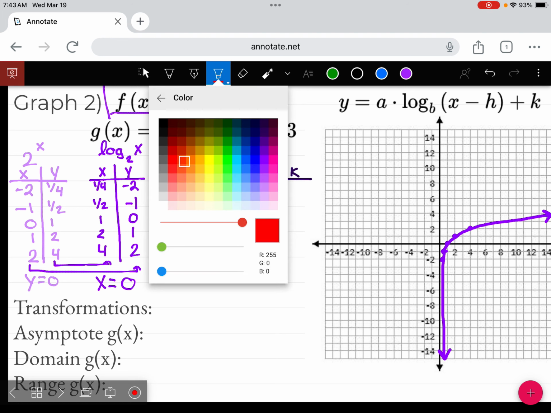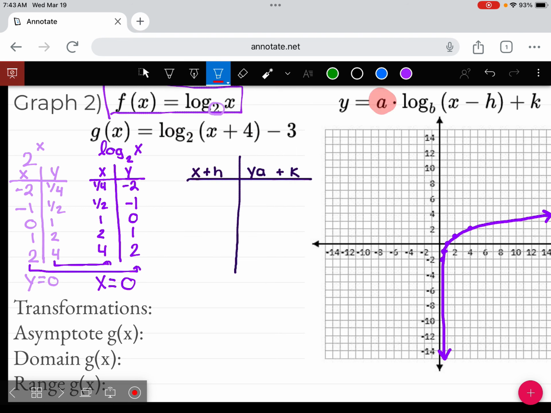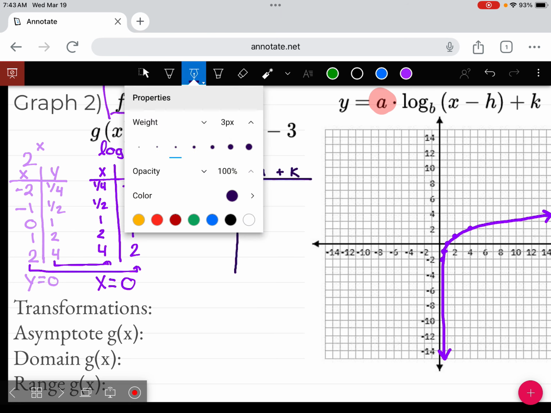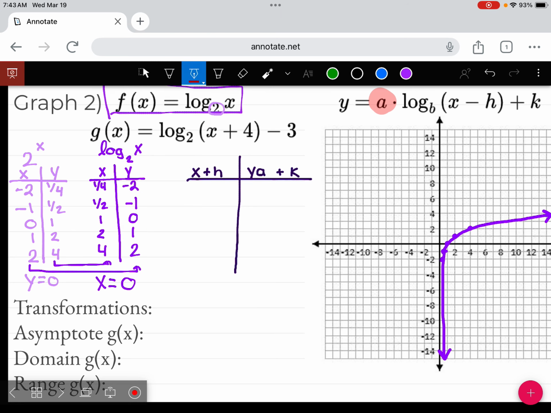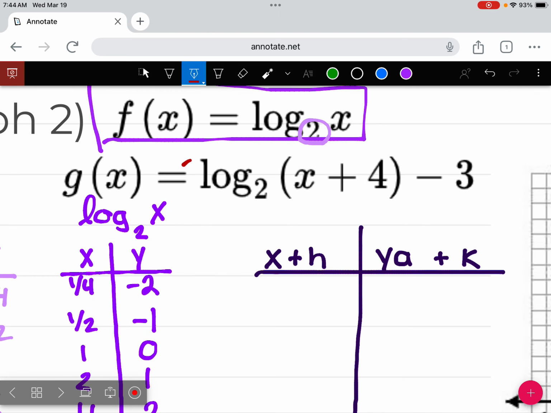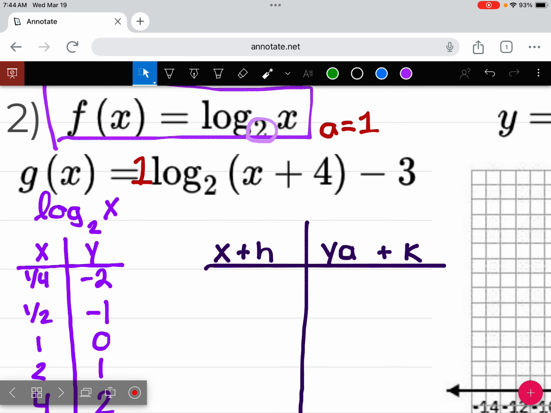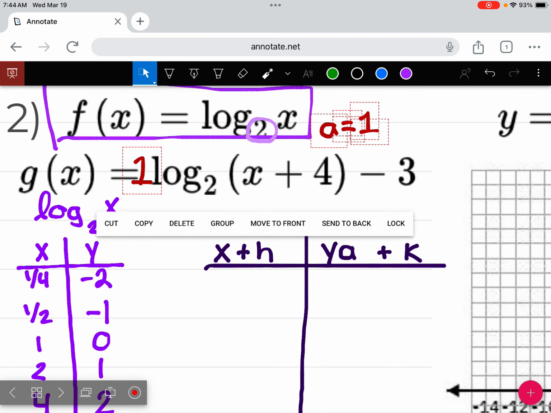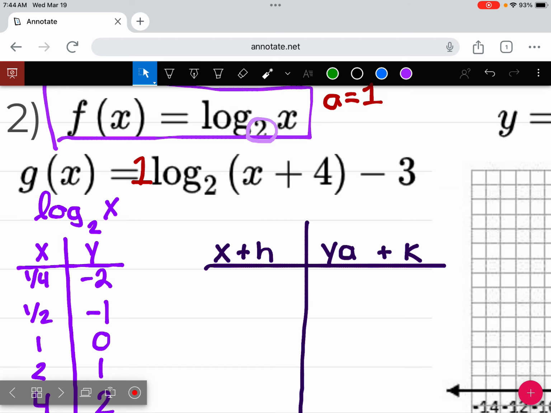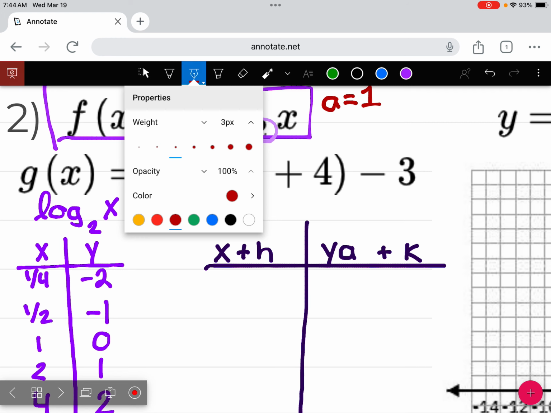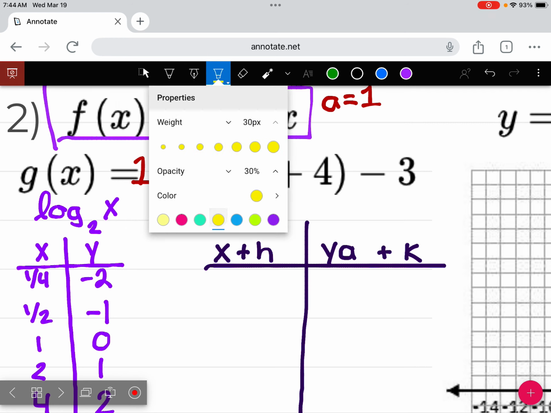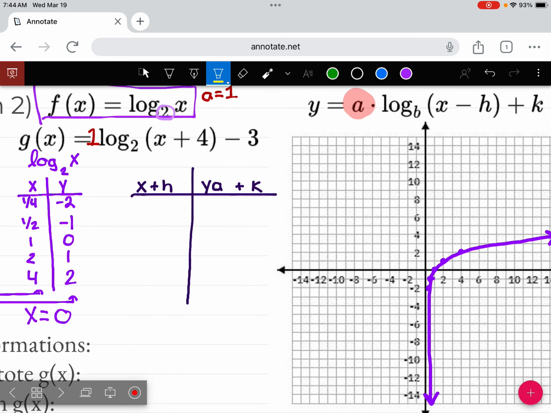So what is our a value for our transform function over here? 1. It's the number multiplied out in front. What that means is we do not have any a transformations. There's no stretch, there's no compress. It is what it is. I'm going to scoot this up just a bit. So our a is 1. What about our h? What's our h going to be?